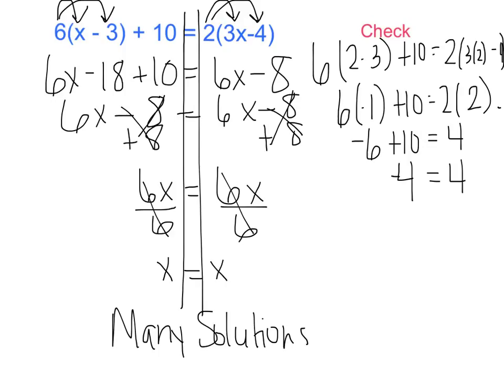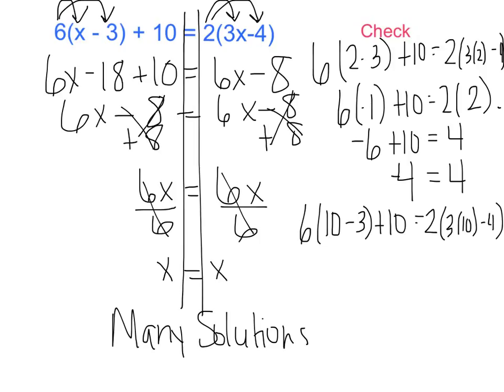So let's try another number to test this statement. Let's try the number 10. So every time I see x, I'm going to put in the number 10. 10 minus 3 plus 10 here, and then 2 times 3 times 10 minus 4. So 10 minus 3 is 7.